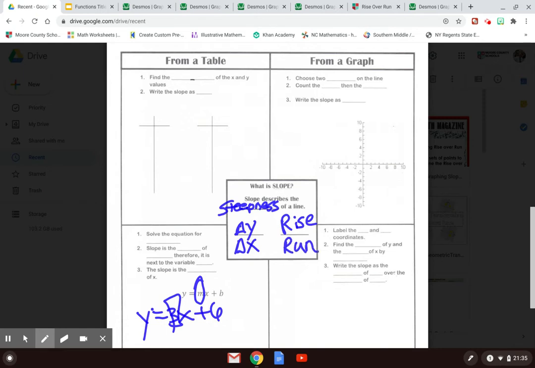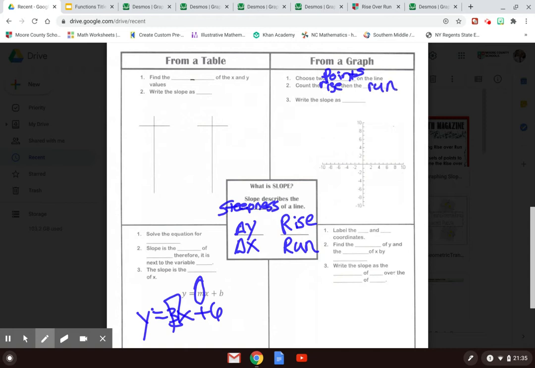Now, a lot of this was covered in the Mashup Math video yesterday, so this is really just designed to re-emphasize what was already seen and learned yesterday. So when you're looking at slope from a graph, you're going to choose 2 points on the line. And then when you count those 2 points, you're going to count the rise, then the run.